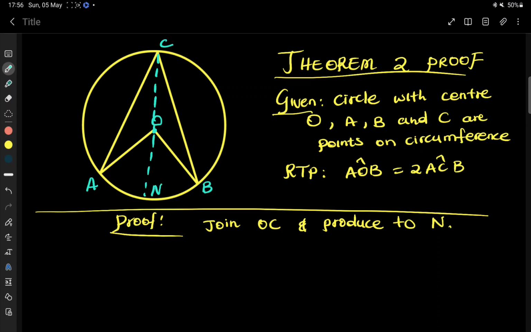I advise learners that you can start with the first triangle or the second one. So I'm going to start with this one.